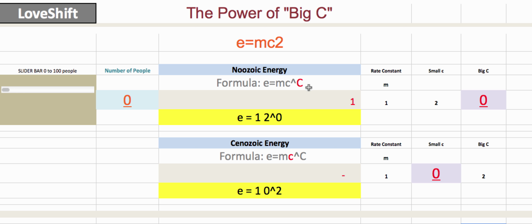So let me walk you through this. The basis for this calculation is Albert Einstein's famous formula, E equals mc squared. This is the formulation of the energy that we're going to use to show the difference between associated consciousness and collectivized consciousness.